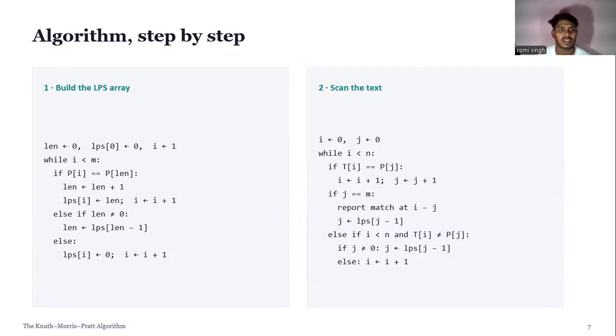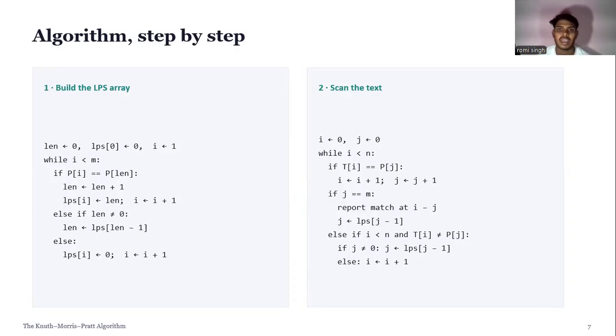Here is the algorithm. Length is 0, LPS[0] is 0, i is 1. While i is less than m, if P[i] equals P[length], length becomes length plus 1. It means if P[i] equals P[length], the length value is incremented.